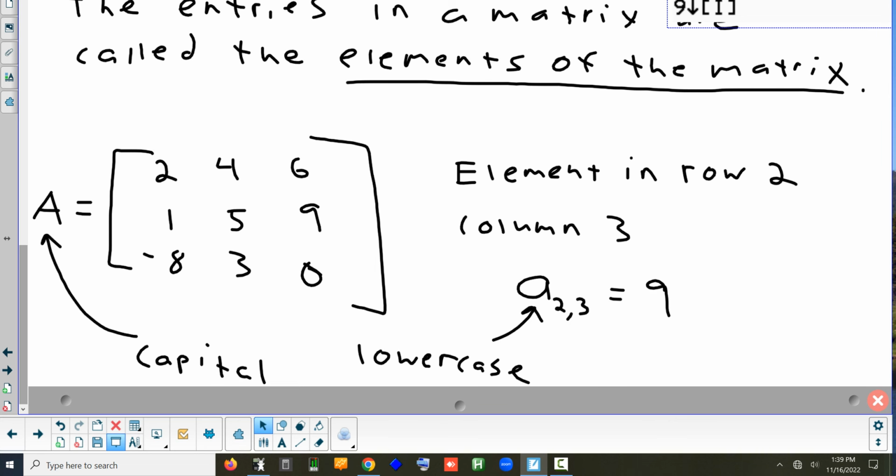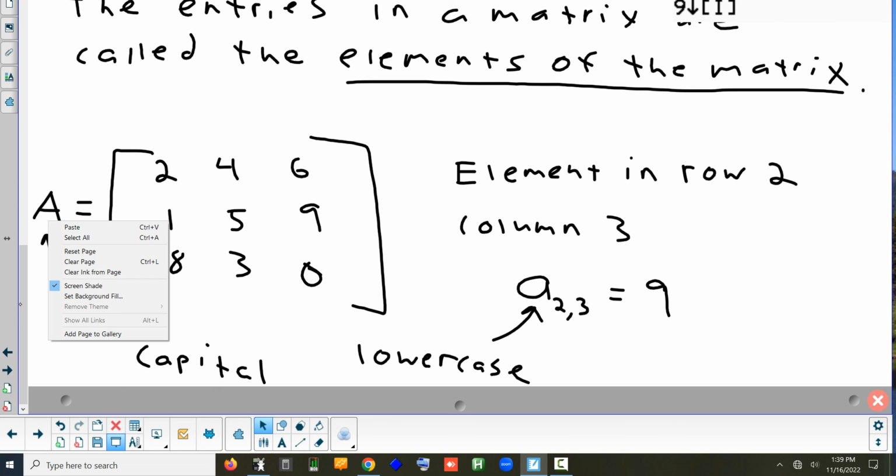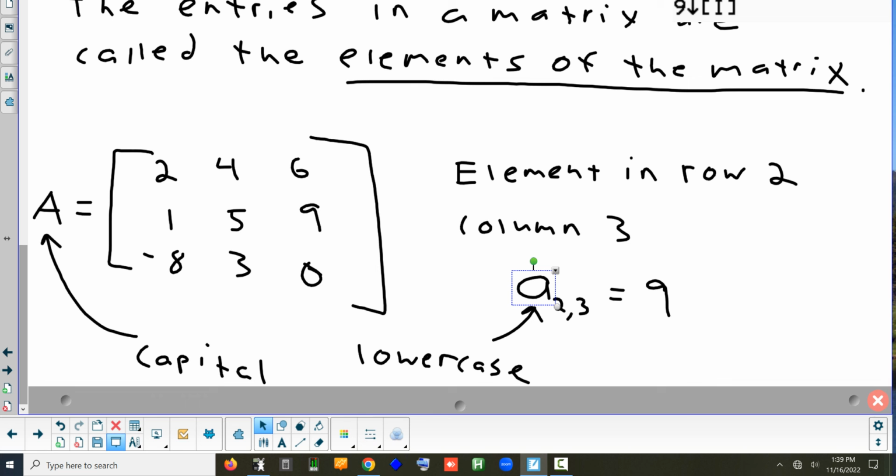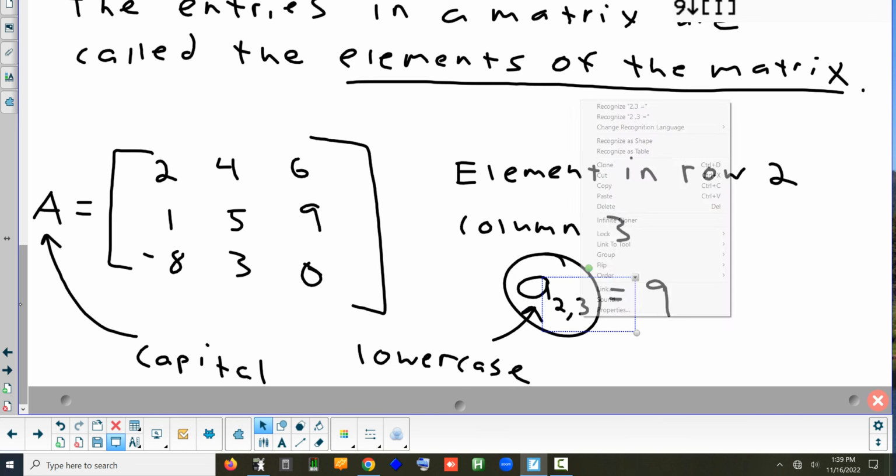If you want to identify a specific element in the matrix, then you use the same letter, except you make it lowercase, and the two numbers you put here represent row and column. So this notation means in matrix A, tell me what's in the second row and the third column.